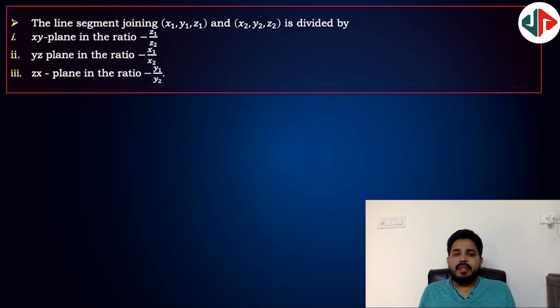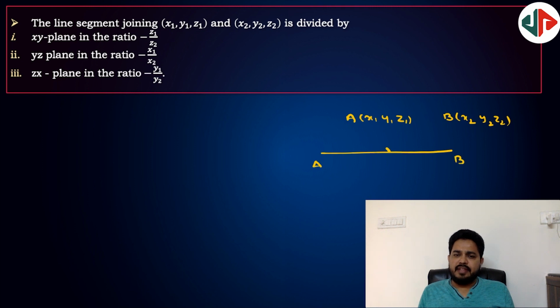Next one is the section formula. In this section formula, A is x1, y1, z1, B is x2, y2, z2. If I want to find a point which divides this in the ratio m is to n, that point P is equal to nA plus mB by m plus n.